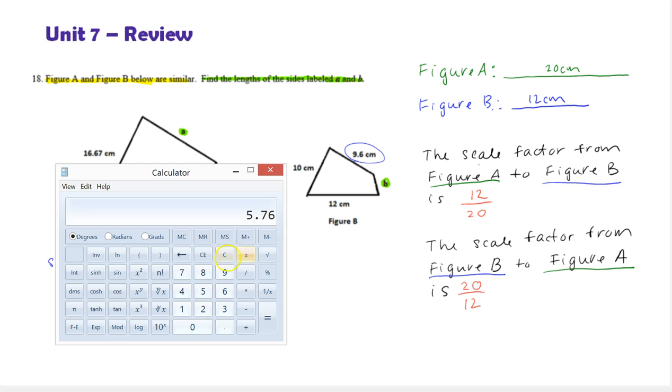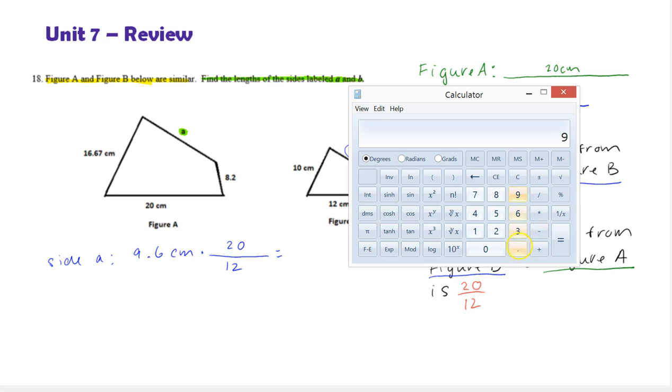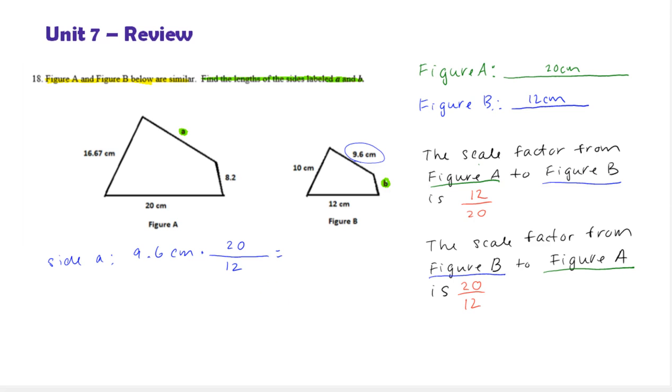Now let's compute that. So 9.6 times 20 over 12, and we get 16. So side A is 16, and notice we have our units here, centimeters. Note, I didn't simplify this. You don't really need to.